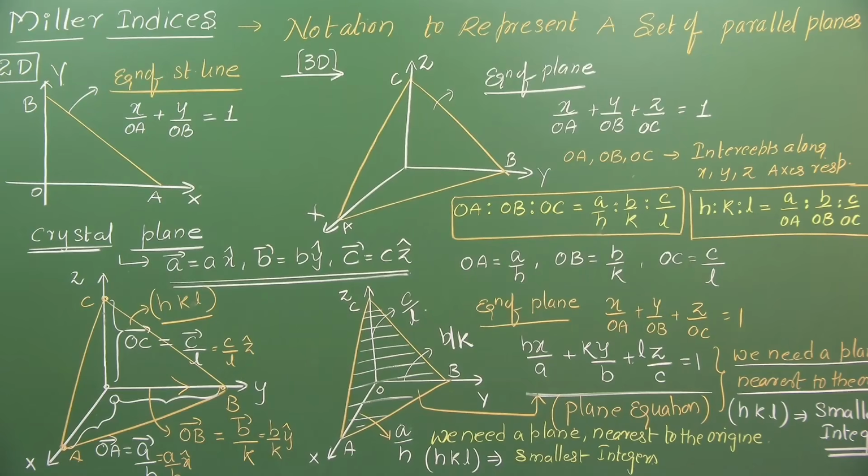Why did I say small, why did I say whole numbers? Here I said integers. Again I am saying whole numbers. Minus we won't write. Minus will be there, but it is a notation. We won't write minus. That's why some people will use whole numbers, some people will use integers. It's not a mistake, don't worry.